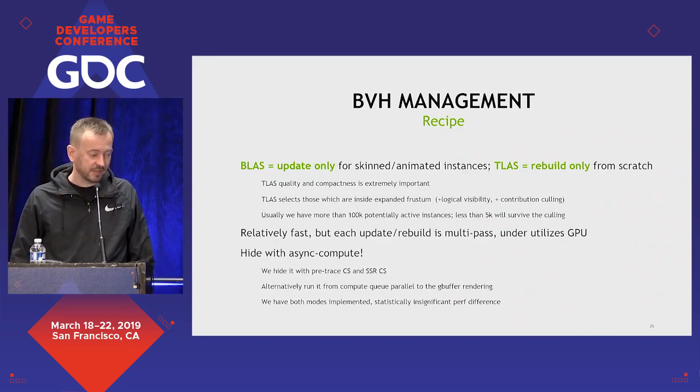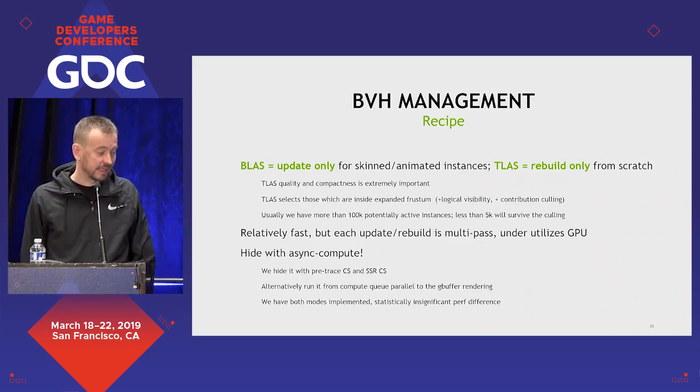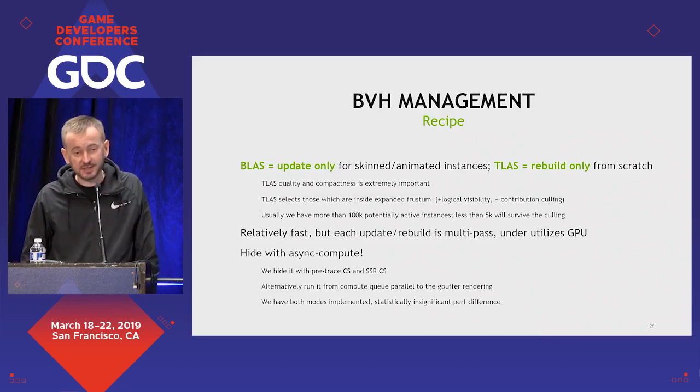As for bottom-level acceleration structures, for all the animated stuff like skinned geometry, we only do an update operation and never rebuild the BVH. Update itself is fast, but it underutilizes the GPU due to the multi-pass nature of the algorithm. That is why we hide it or pair it with async compute workloads.